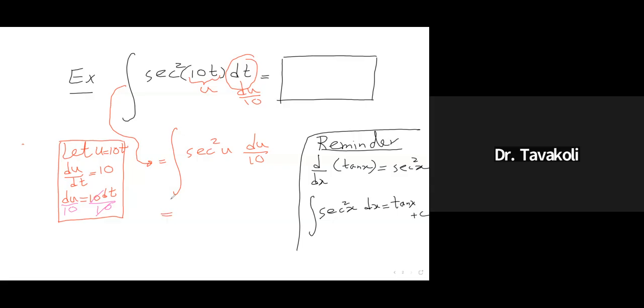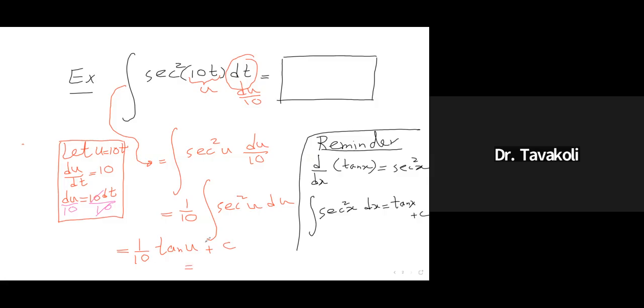Over 10 is like 1/10 has been multiplied by the function, and since it's a constant, that 1/10 can be pulled out of the integral. So 1/10 times the integral of secant squared of u du. The antiderivative of secant squared is, as by that reminder, tangent of u plus c.